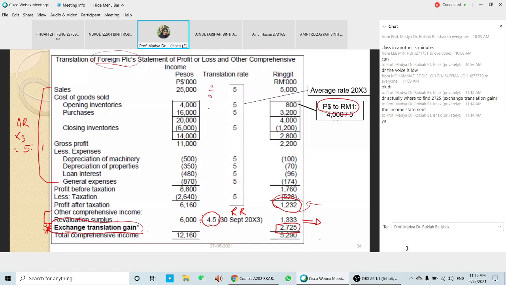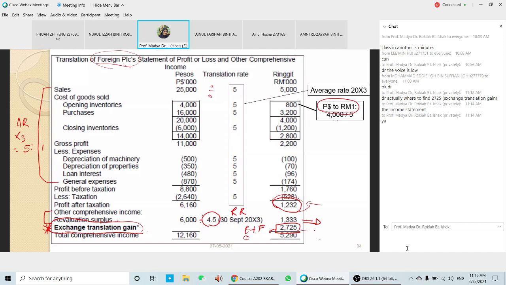So when you combine the parent and the foreign, there is no more exchange translation gain at the parent. The exchange translation gain only exists when you translate the financial statements of the foreign. The amount of exchange gain here is 2725.